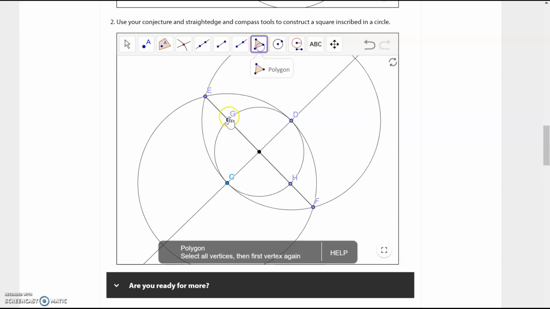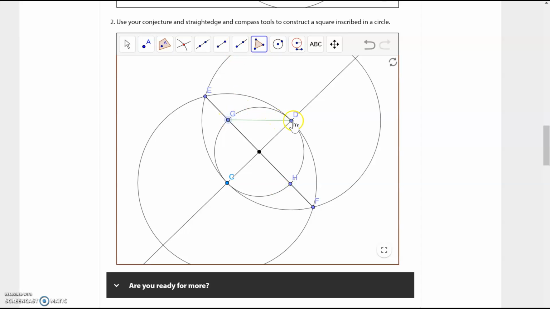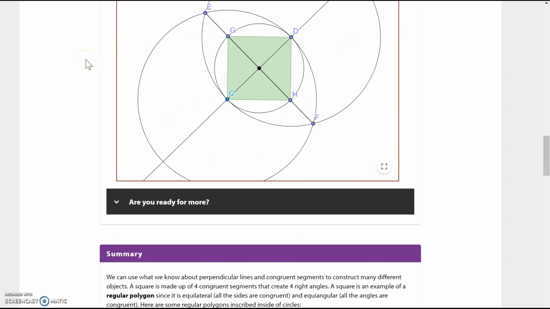So now I can just use the polygon tool and construct the square, all because it looks like the diagonals are perpendicular bisectors of one another. So we're just going to create these, copy and paste them into your notebook, and we will be good to go.